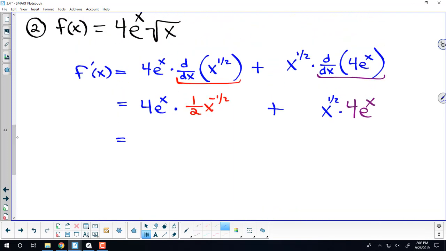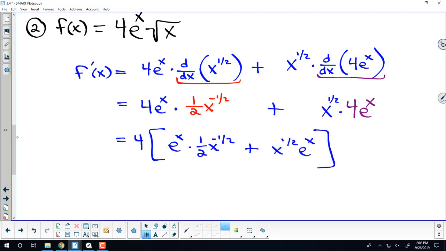Notice that this is not how we would go to simplify it, but if I had the 4 out front of the entire derivative, then I would have this. If I just left the 4 out before I took the derivative using the product rule, you would just have that 4 out front, which is equivalent at this step to factoring the 4 out. So it's all the same thing.